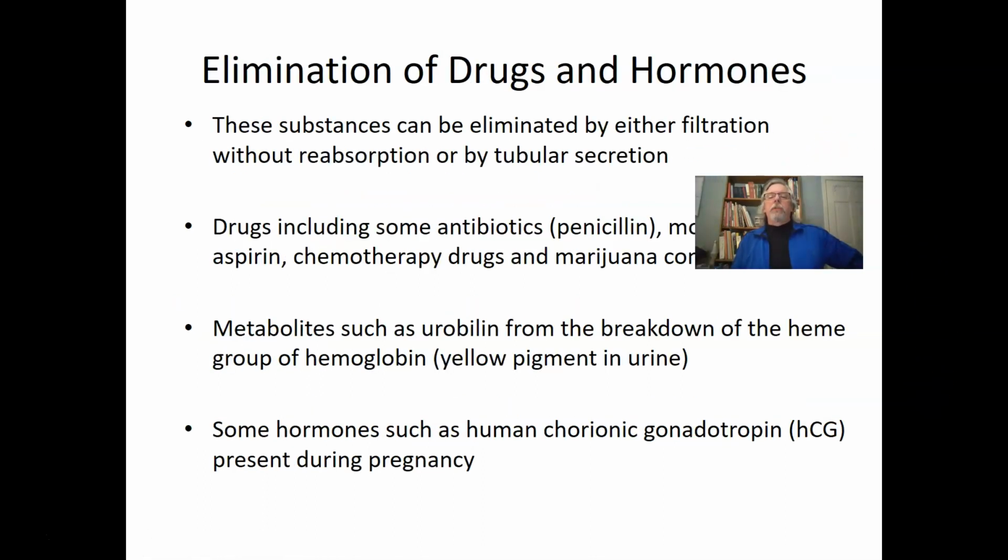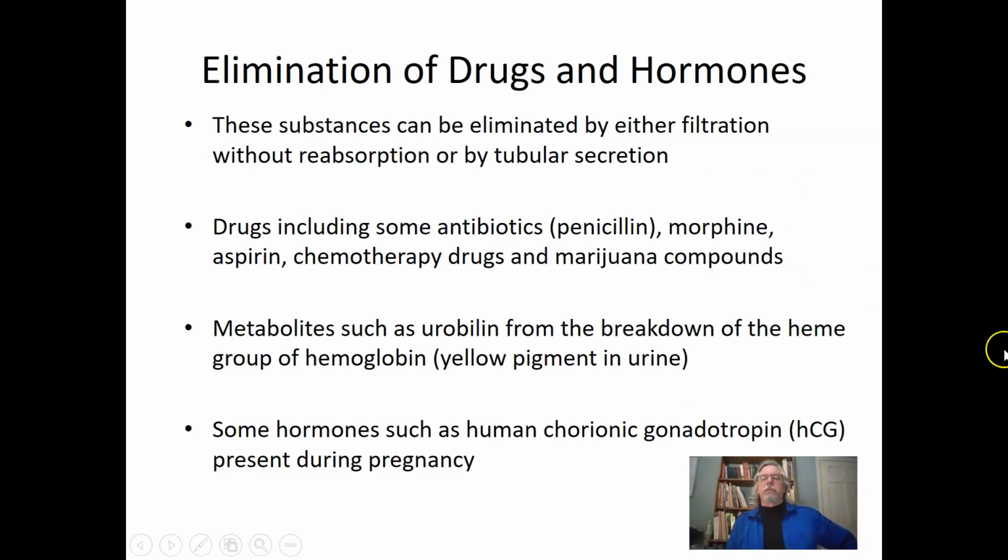How about other substances? So not waste molecules, but other things that end up in urine. So for example, drugs and hormones. These can be eliminated by one of two ways: either by filtration without reabsorption, so they pass into the filtrate, and they pass the entire way through the tubule and end up in the urine that way.